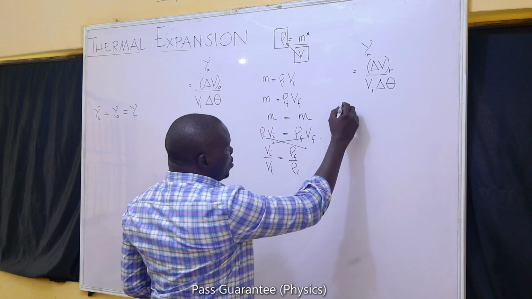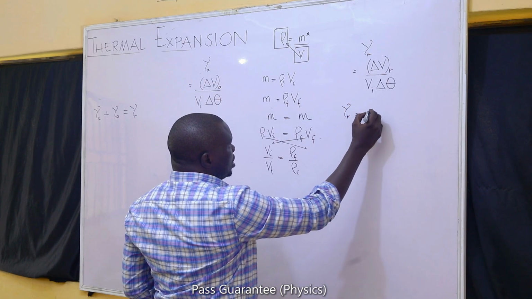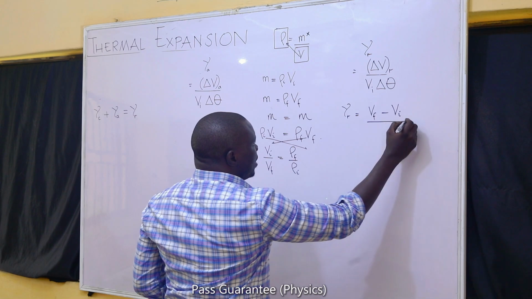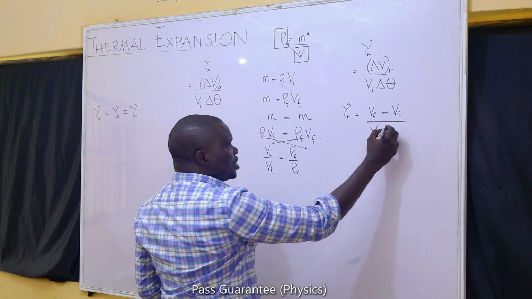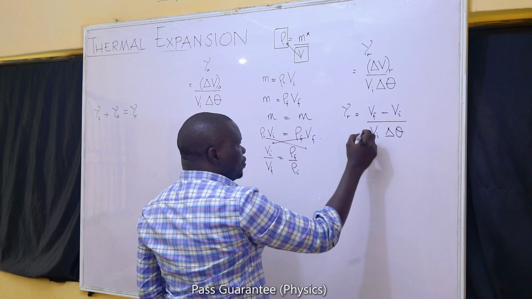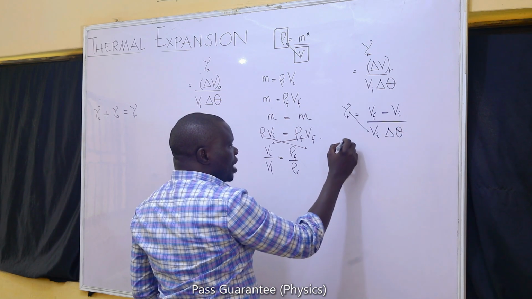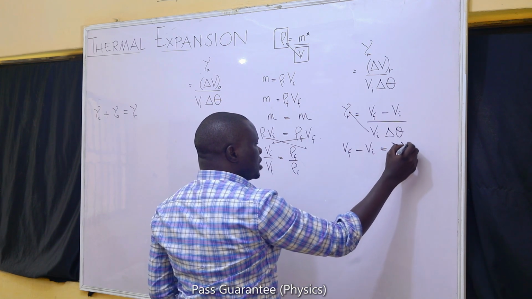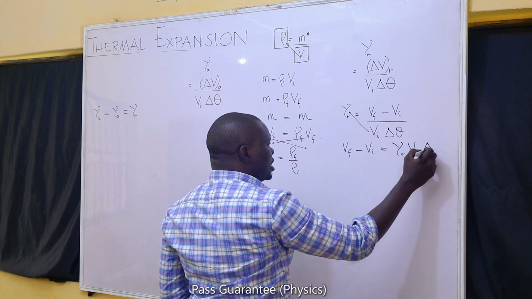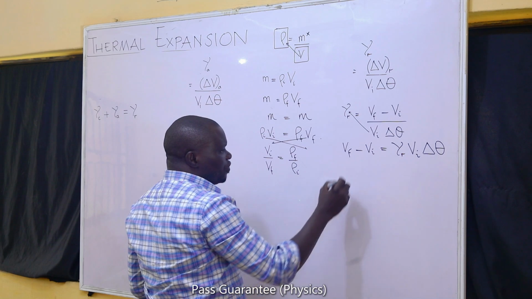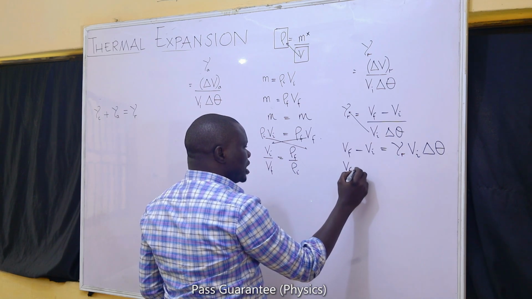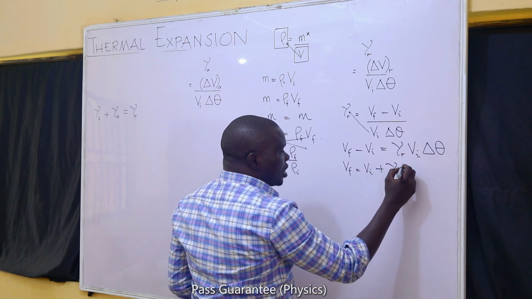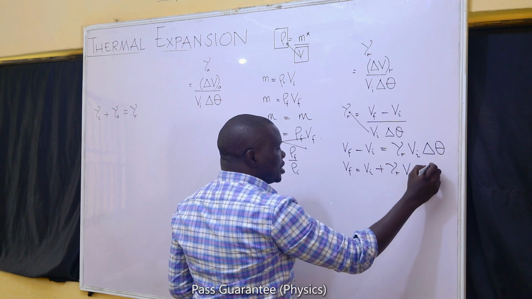Remember that we said that the real cubic expansivity must be change in volume, which is Vf minus Vi, all over Vi multiplied by the change in temperature. If we decide to cross multiply, we should have Vf minus Vi is equal to the real cubic expansivity times Vi multiplied by the change in temperature. If we take Vi to the other side, we'll have Vf equal to Vi plus the real cubic expansivity times Vi multiplied by the change in temperature.